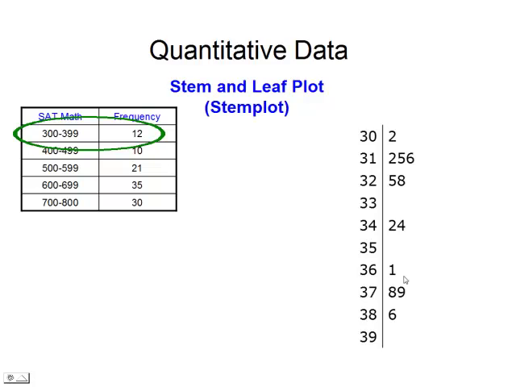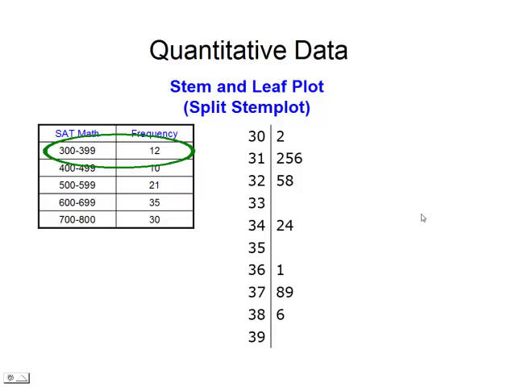And on the right side is our leaf, which is the last digit. Looking at our first one, we have 30 with a 2. This represents 302. So we have a person that had a 302 on their SAT Math. On the second row, we have 31256. That represents 3 people with scores of 312, 315, 316, and so on.